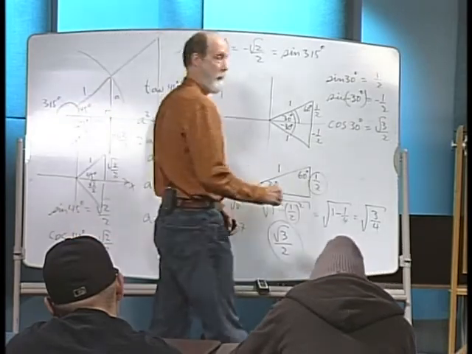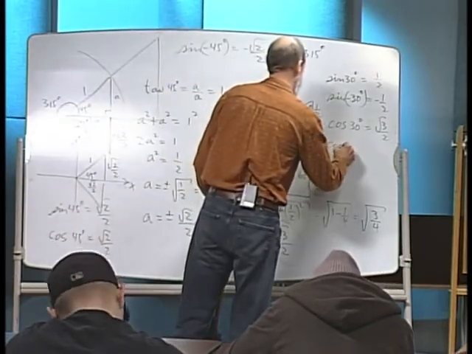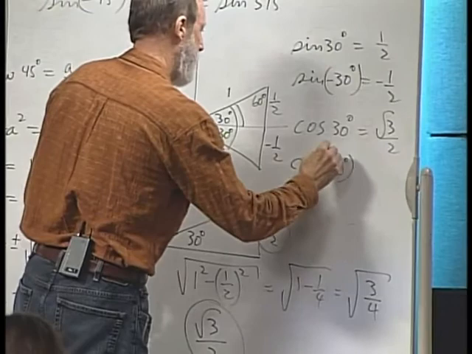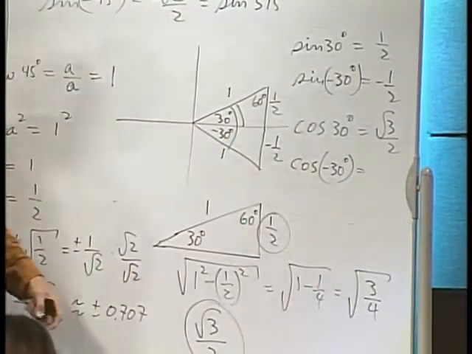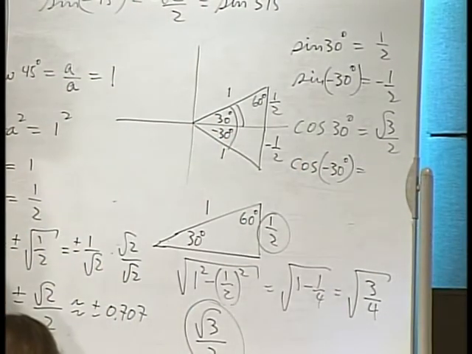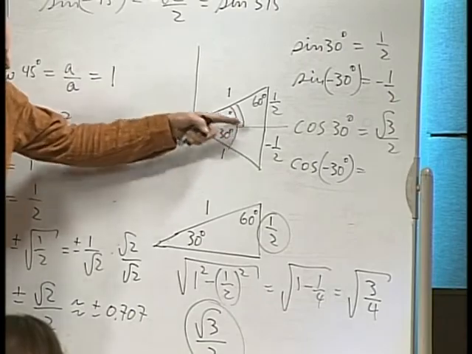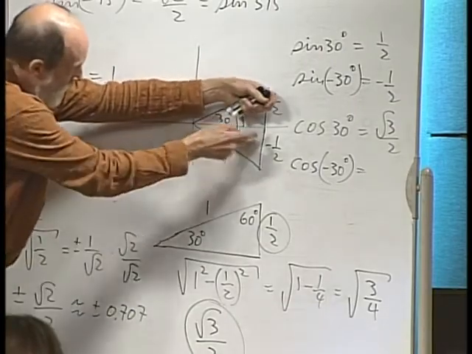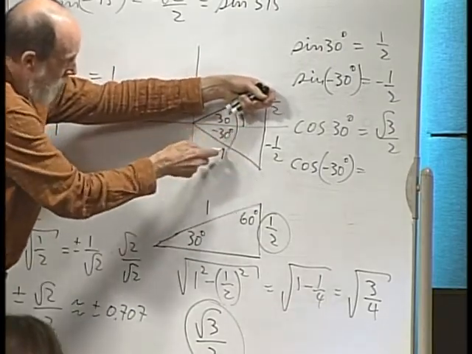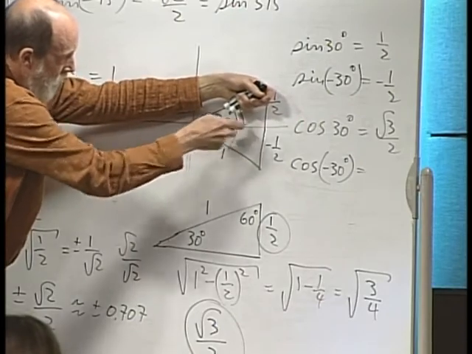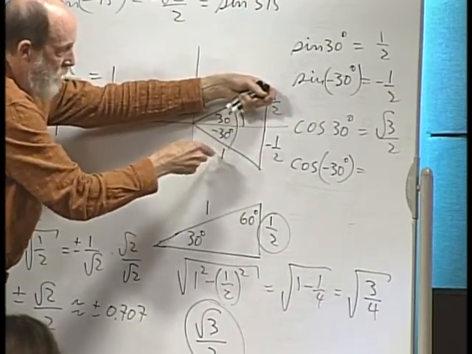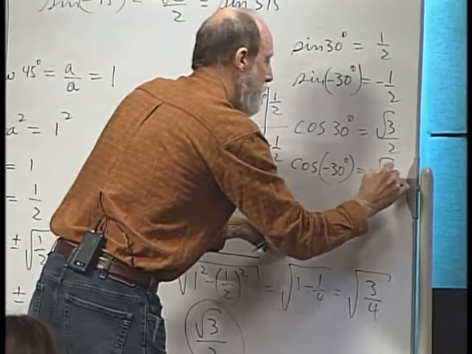The cosine of negative 30 degrees, here's the picture right here, the lower triangle. The cosine of that is the adjacent side, square root of 3/2 divided by 1. Again, square root of 3/2.